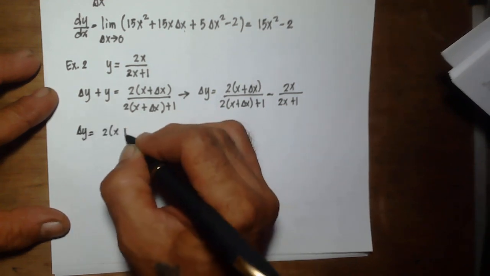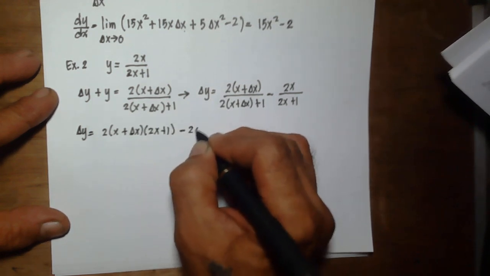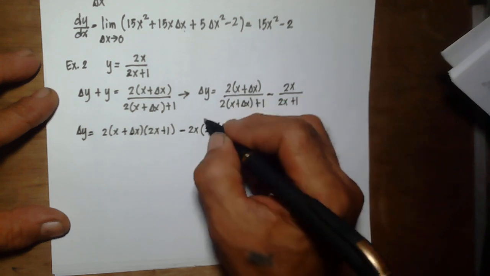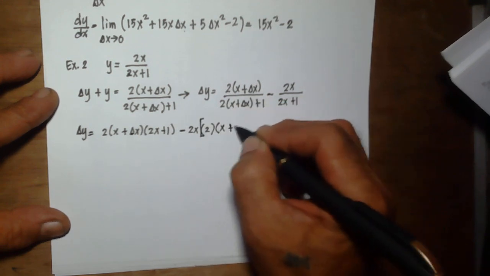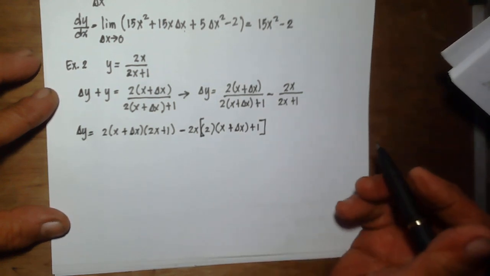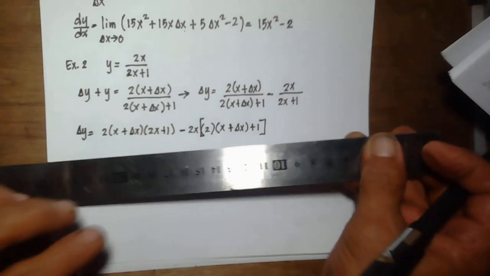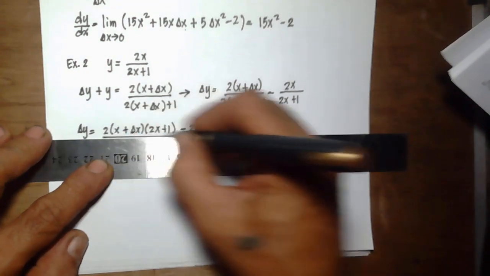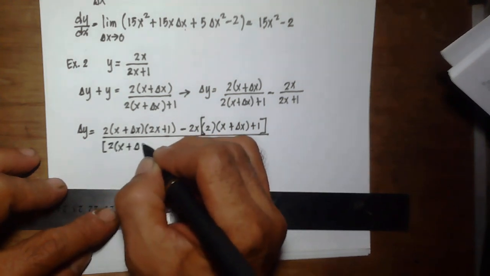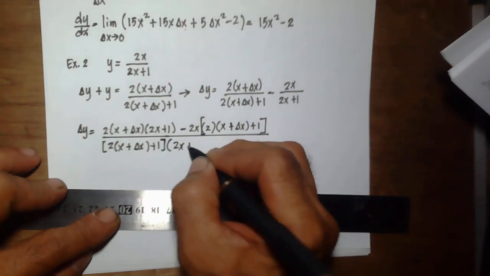So we have for delta y 2 times x plus delta x times 2x plus 1 minus 2x times 2 times x plus delta x plus 1, and this is enclosed in a bracket because we have an operation here, over 2 times x plus delta x plus 1 times 2x plus 1.